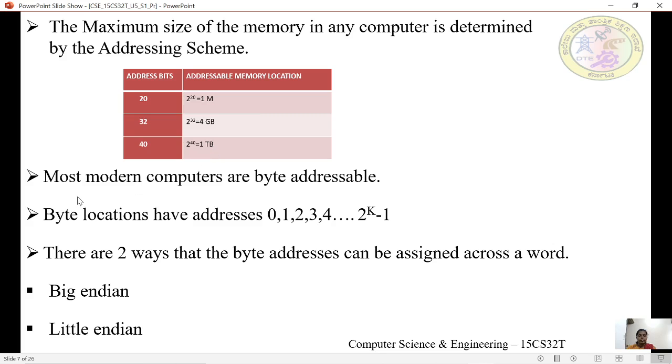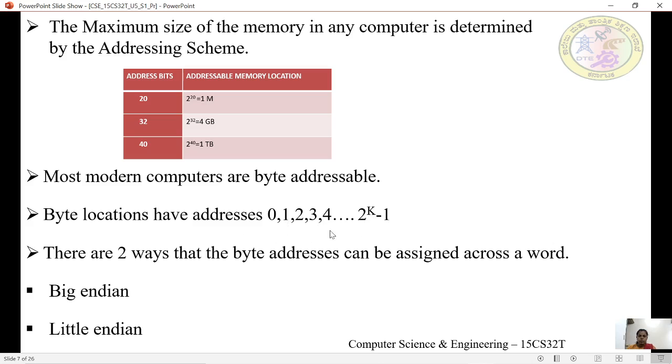Next, most modern computers are byte addressable. Nowadays many computers manufactured by different companies follow byte addressability. That means the byte locations have the addresses 0, 1, 2, 3, 4 up to 2 to the power k minus 1.